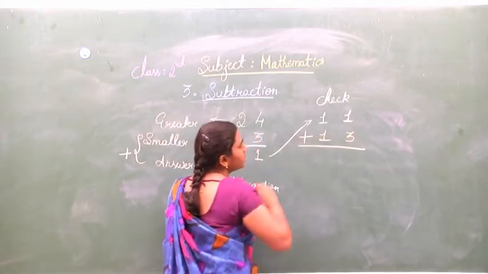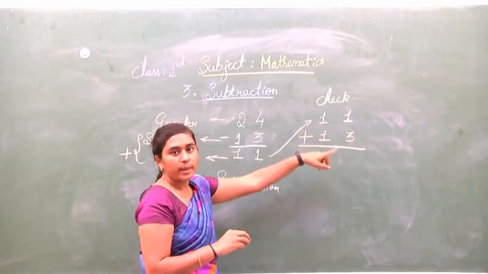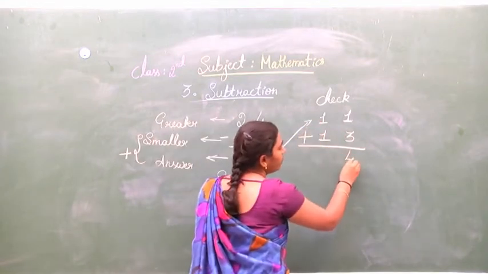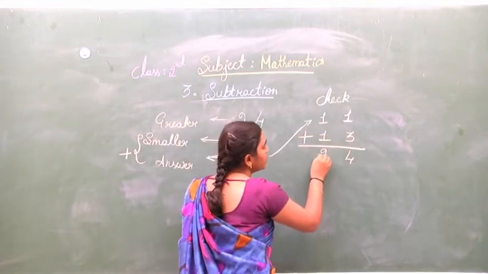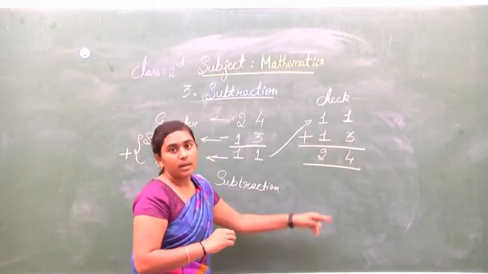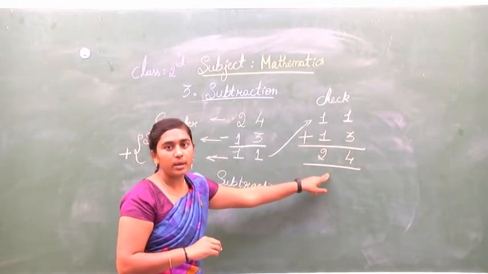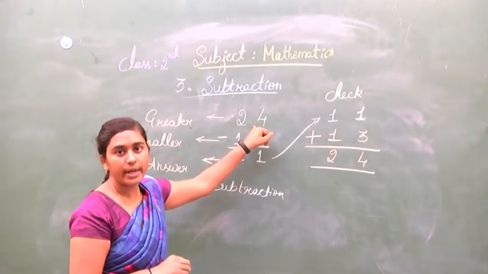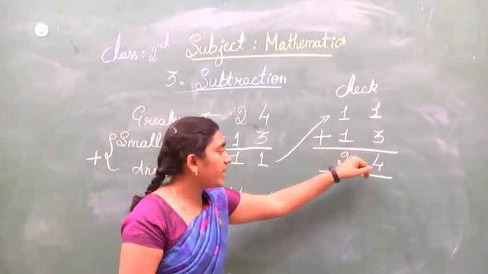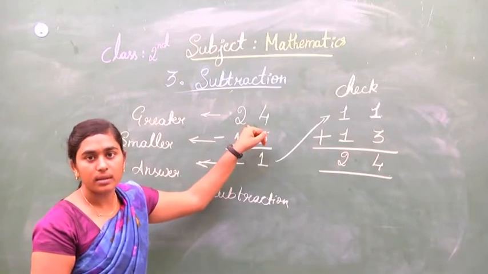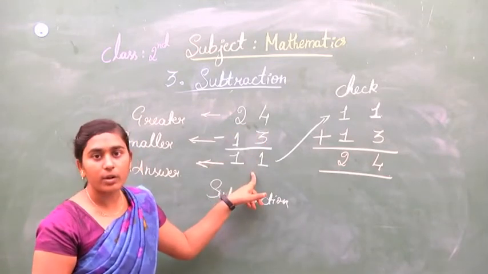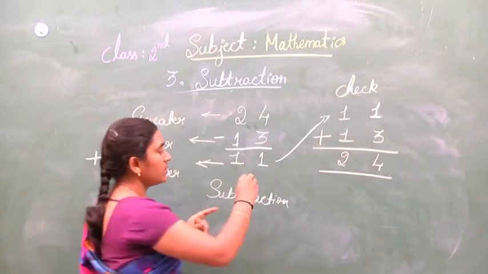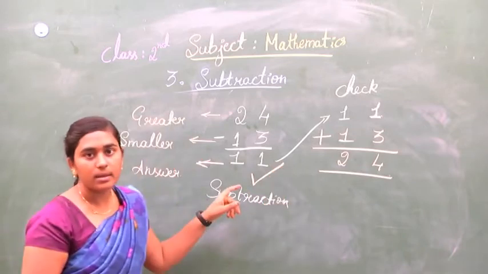You need to add these two numbers. 1 plus 3 is 4. 1 plus 1 is 2. Is this your greater number? See, the greater number is 24, right? We have got 24 here. So the subtraction answer is correct.